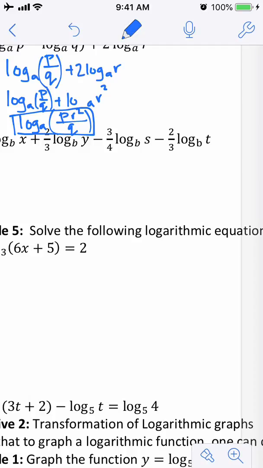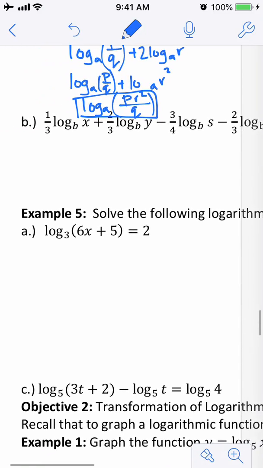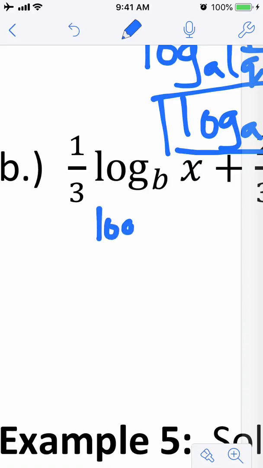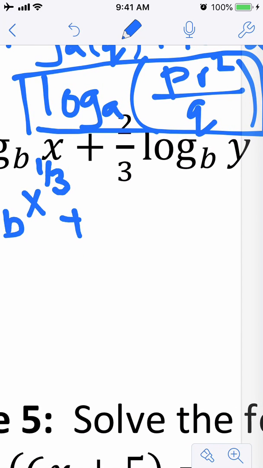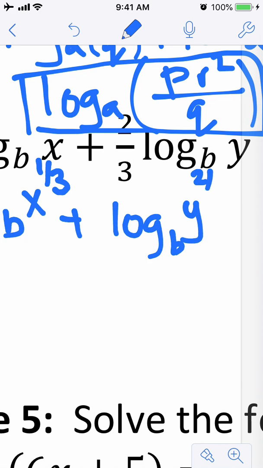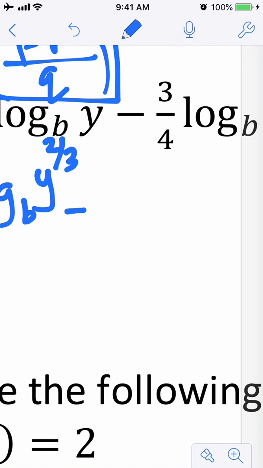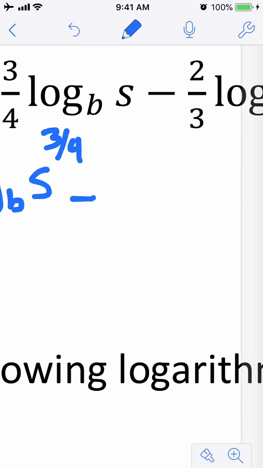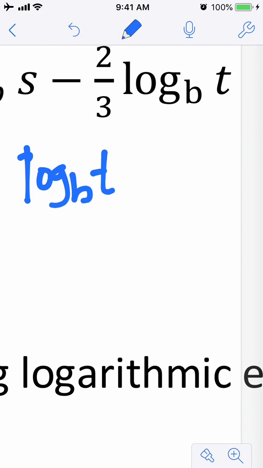I see a lot of exponents being represented as coefficients. I think I'm going to start there. I'm going to change this one to log b x to the 1/3 instead of 1/3 times log b x, plus log b y to the 2/3, minus log b s to the 3/4, minus log b t to the 2/3.